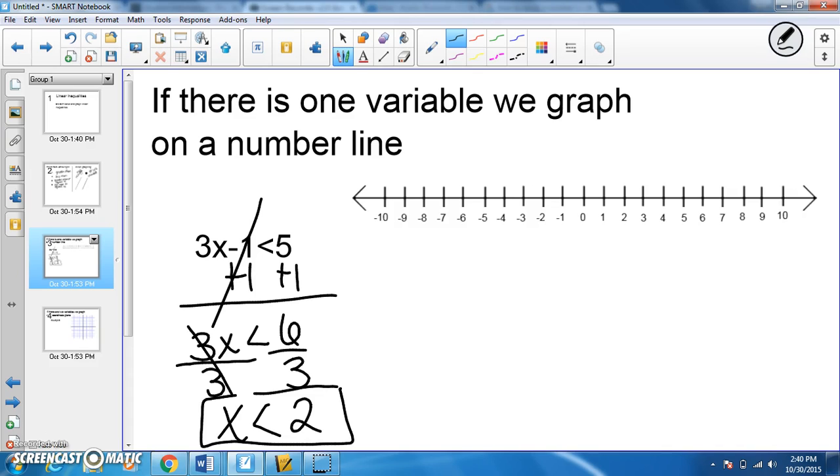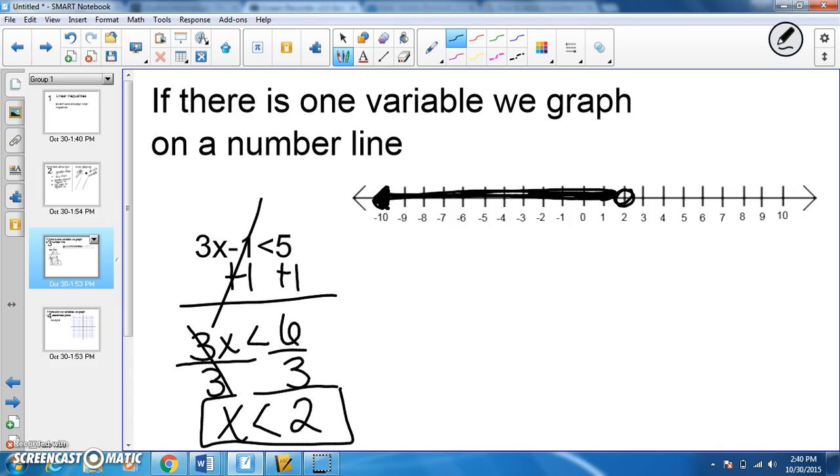So I'm going to go to 2 on my number line. I am making an open circle because there is not an or equal to, so 2 is not included in our solution. And I am shading to the left with an arrow because I want the values that are less than 2.